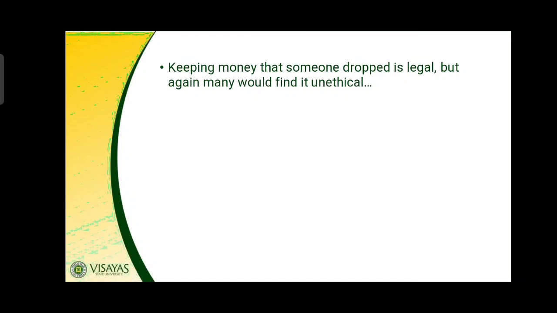So, class, what would you do when you found something, like money that was dropped? Would you keep it? Or would you look for the owner, who may be in trouble because of losing it? Is that your view, or would you say finders keepers and thank you Lord, I found money, even when someone dropped the money while struggling and you are happy? So many would find that unethical.